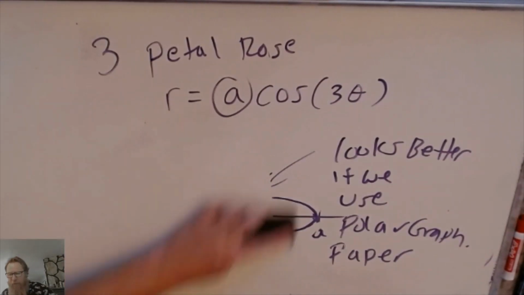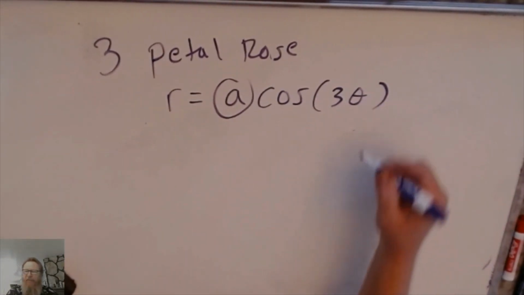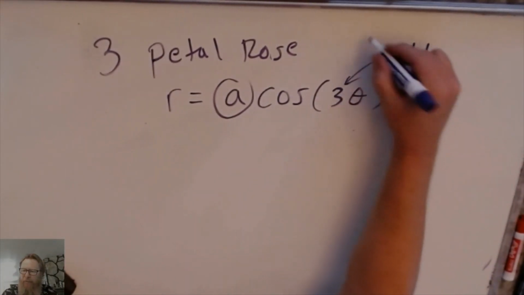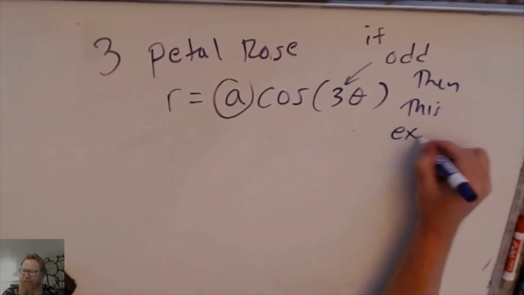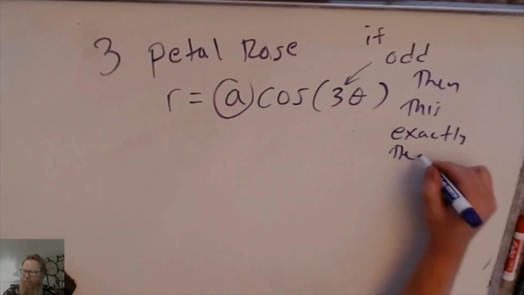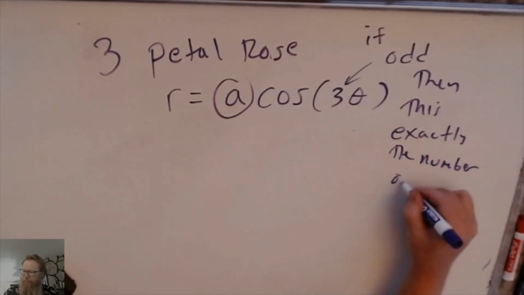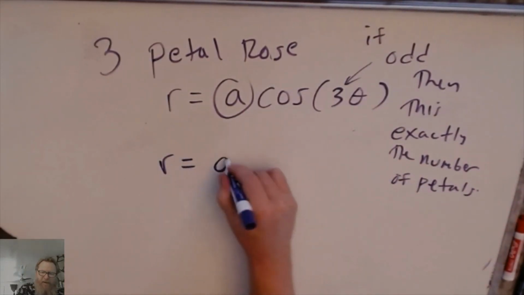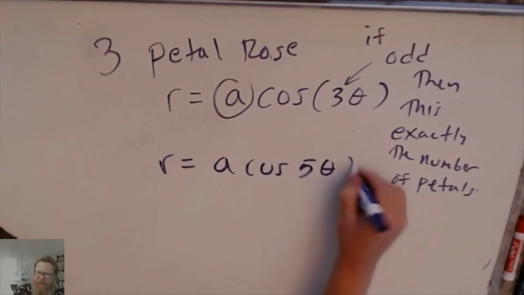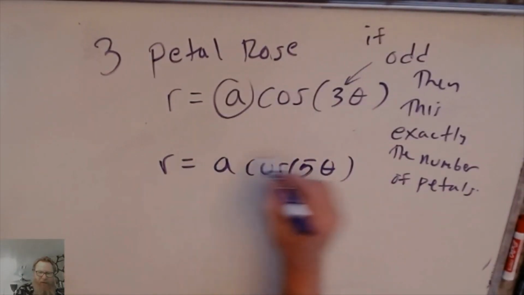There is a general pattern. So if it's odd, then this is exactly the number of petals. So for example, A cosine 5 theta would be 5 petals.